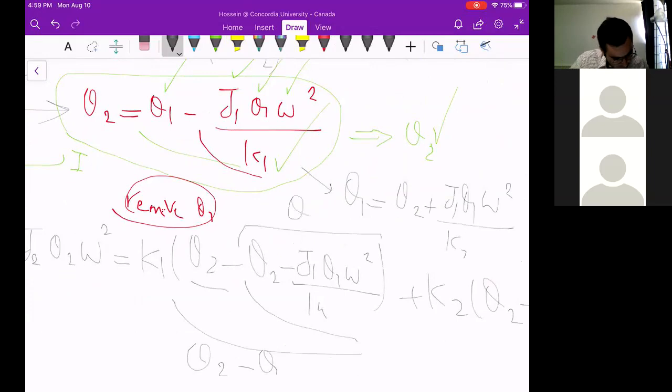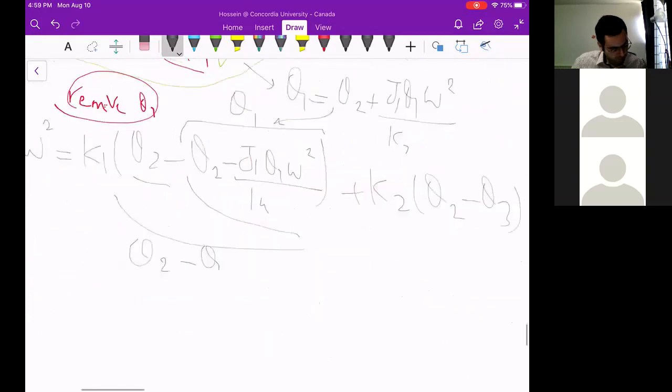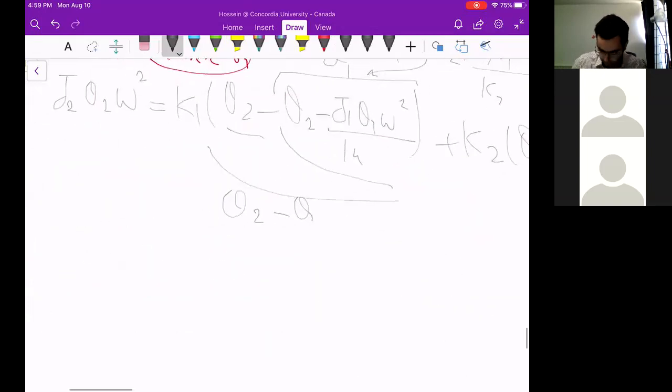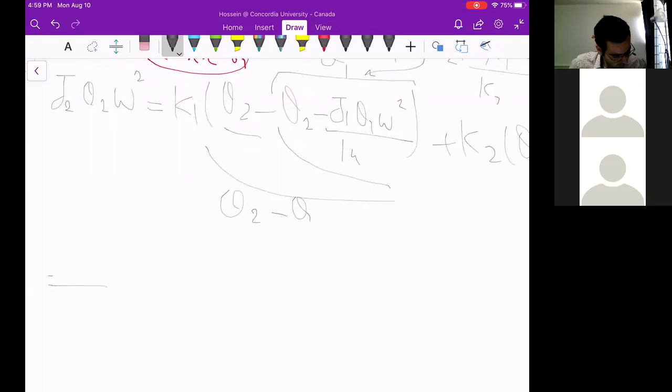Therefore, J2 theta 2 omega squared would finally be minus omega squared J1 theta 1 plus K2 theta 2 minus theta 3.